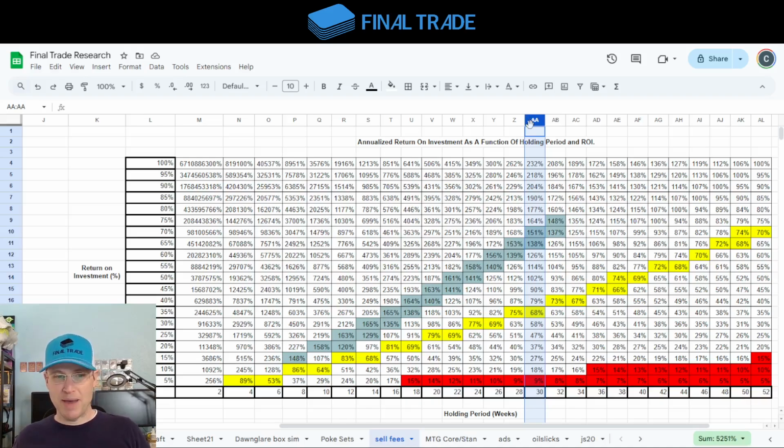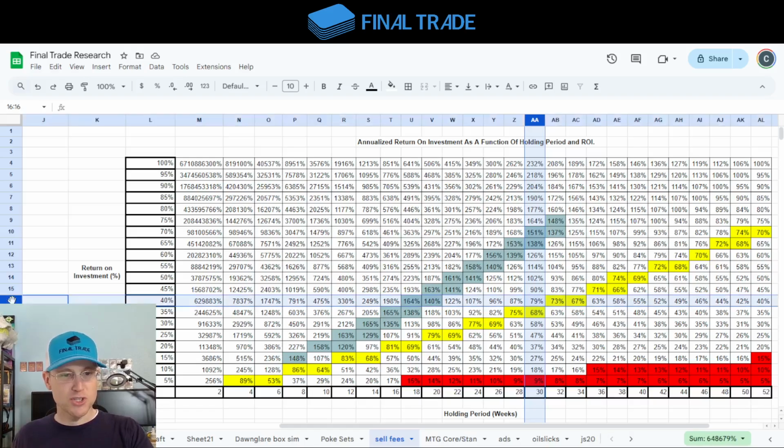For it to be better than Final Trade, I would have to be above the line again, which means I would need returns on investment of each instance of creating that capital item and selling it into the market of 40% or greater. So you can think about above the line being better and below the line being worse.